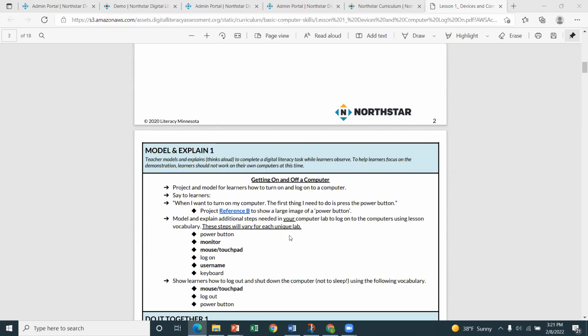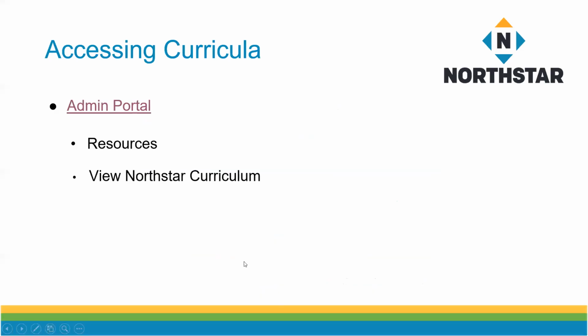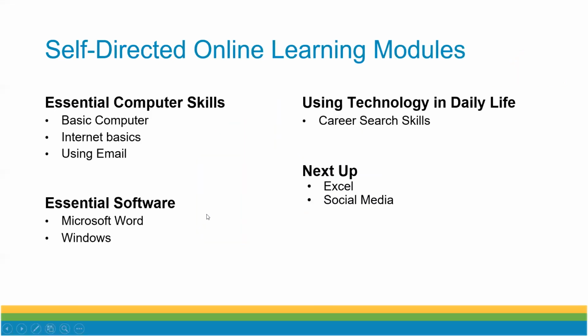This is the instructor-led curriculum. I also wanted to point out the Northstar Online units. We're calling them self-directed online learning modules. And these are modules that learners can go through on their own or with instructors to develop the skills that are covered in the assessments. Okay? So I know a lot of programs like libraries that don't have instructors like having learners work their way through.